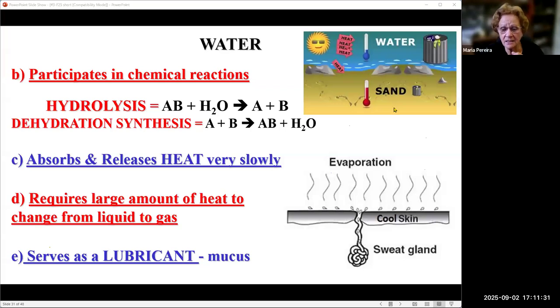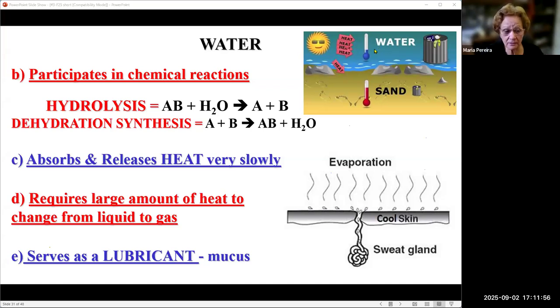At night, it becomes very, very cold. Why? Because there's no water to maintain the temperature. If you move to a place where there's water, near a lake or a river or the ocean, the temperature change between daytime and nighttime is much less.